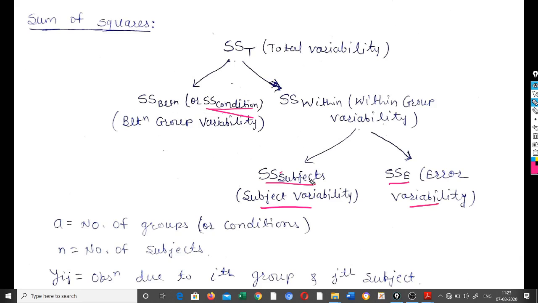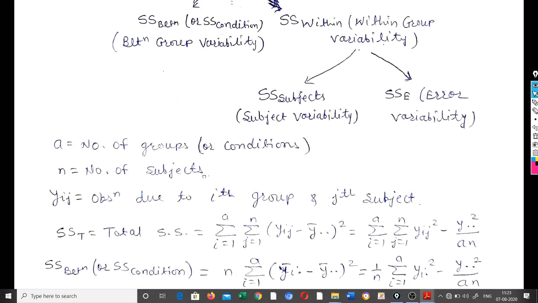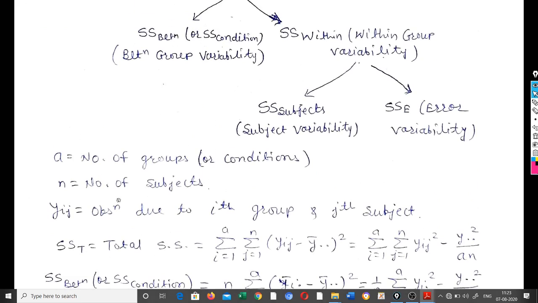SS within, SSW, is SS subjects plus SSE. Here a means the number of groups or number of conditions, n means the number of subjects, in the last example the number of people, and Yij means the observation due to the ith group and jth subject.